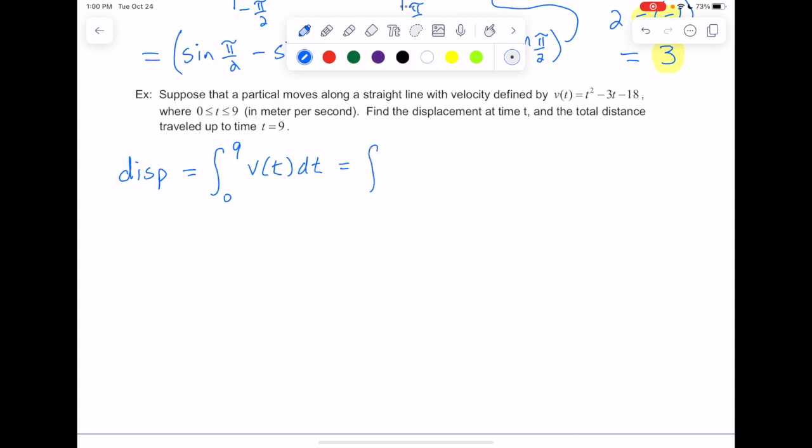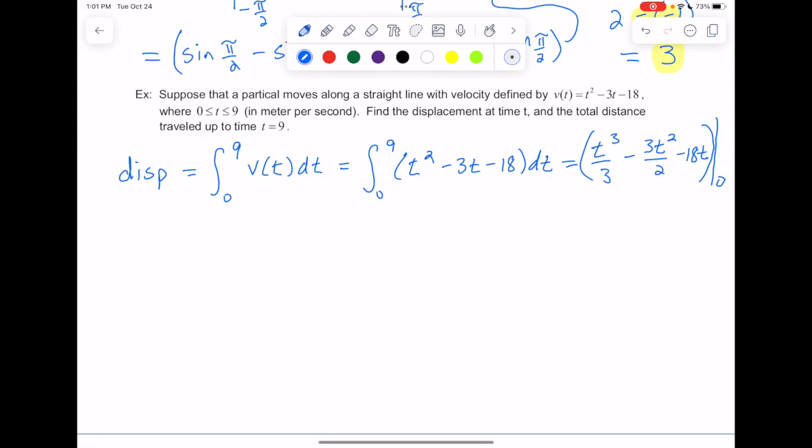So plugging in our velocity function, we have definite integral from 0 to 9 of t squared minus 3t minus 18 with respect to t. So we want to do antiderivative, t cubed over 3 minus 3t squared over 2 minus 18t. And all of that, we just want to evaluate from those limits of integration, 0 to 9.